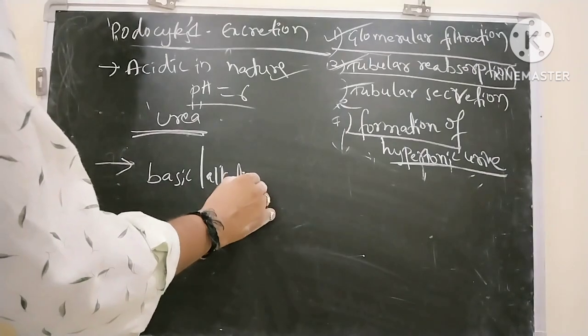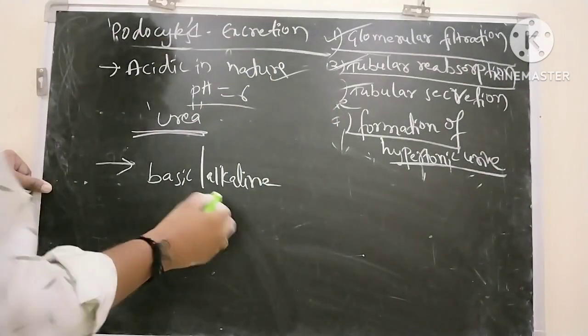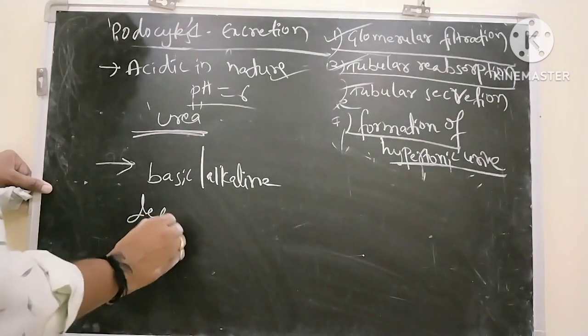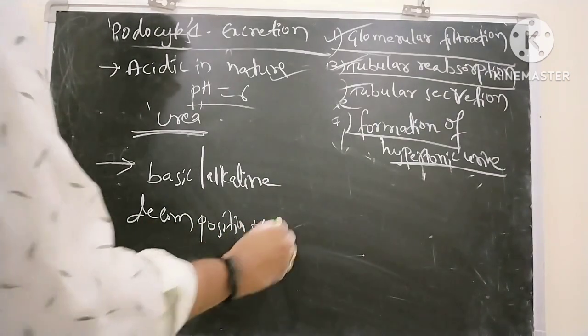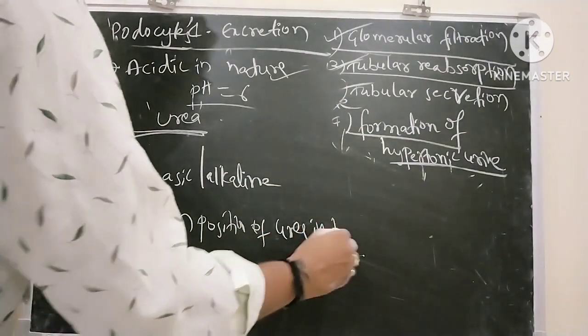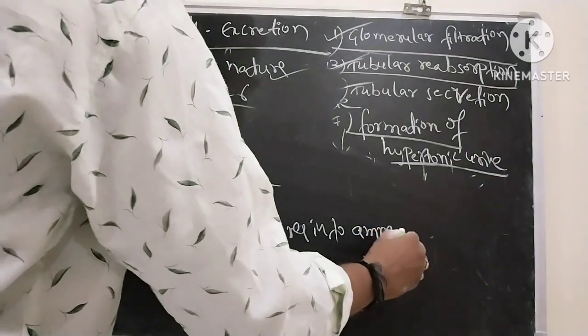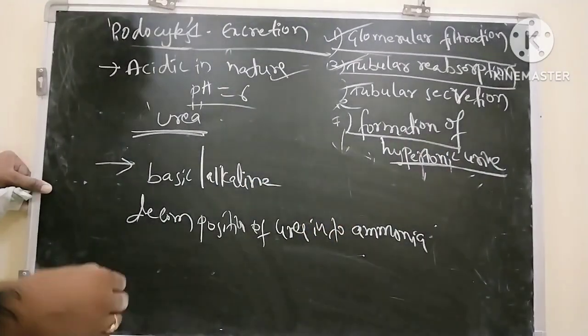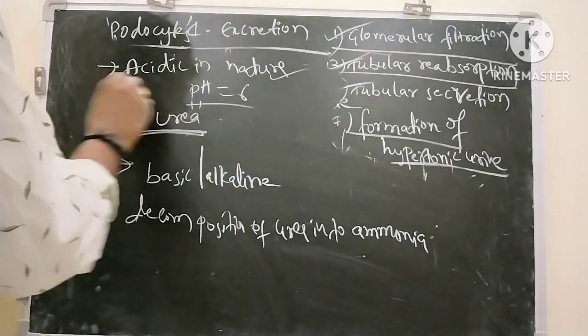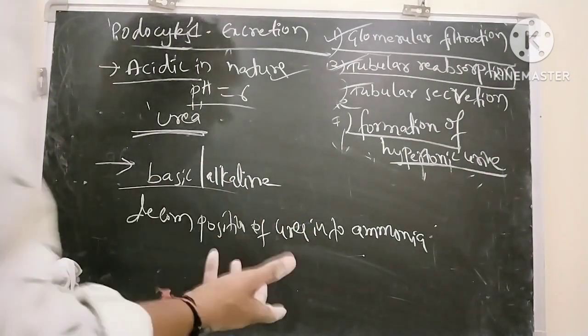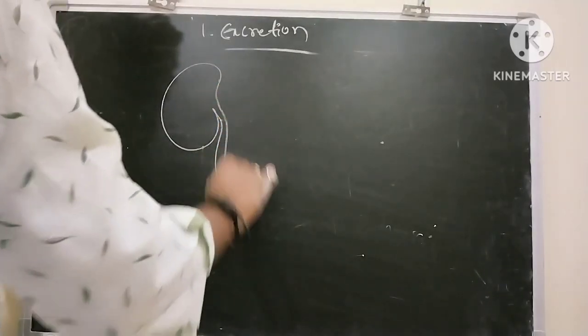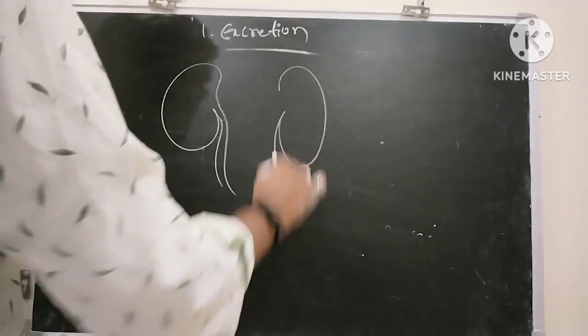Why? Because of the decomposition of urea into ammonia, the nature changes from acidic to alkaline. Okay, so these are the chemical nature of urine, and a pair of ureters are also present.